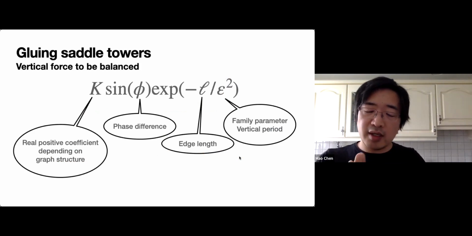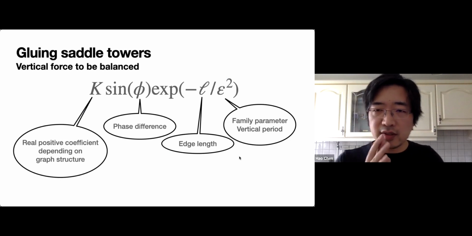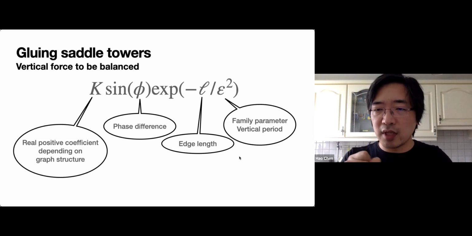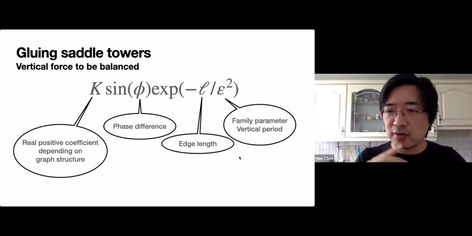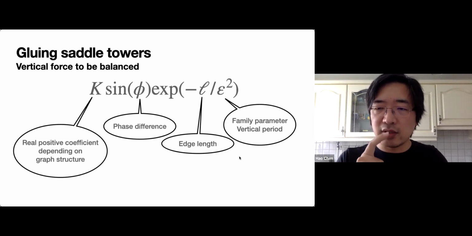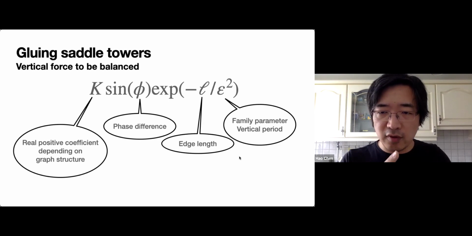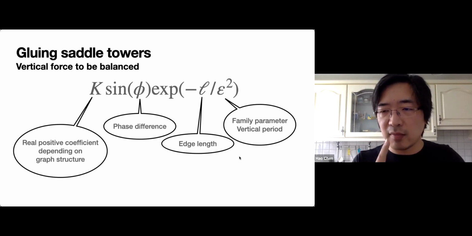And here is the new balance condition, a very subtle one. After introducing a complex, non-zero phase difference that is not 0 or pi, we can now state a balance condition that says the vertical forces, as written here, at each point must sum up to 0.